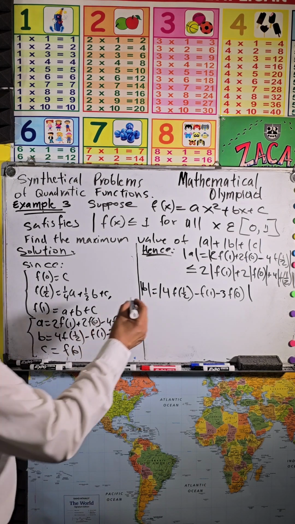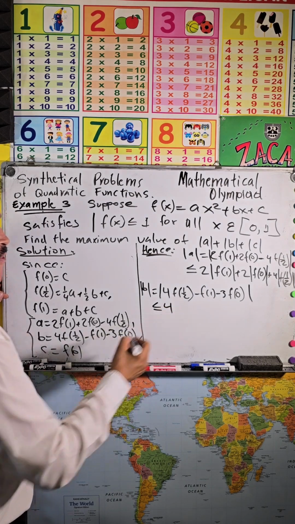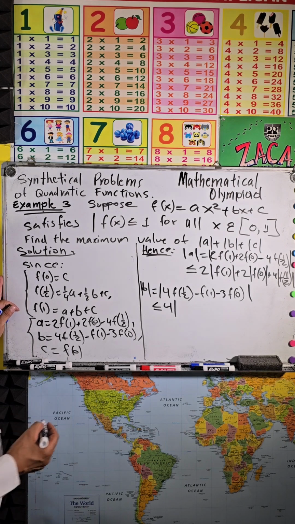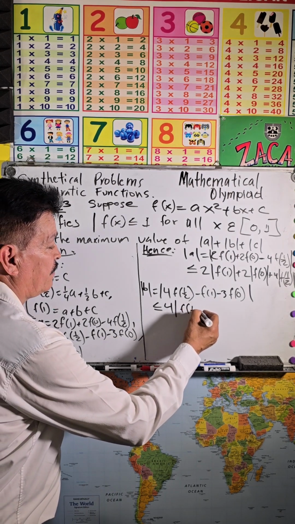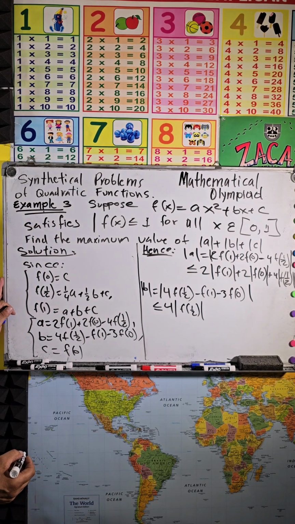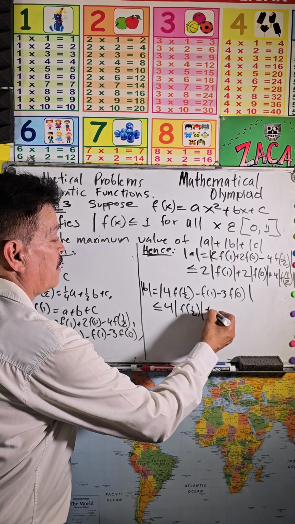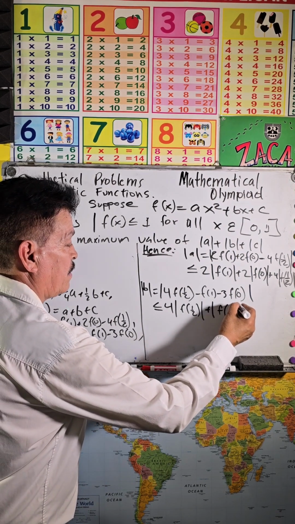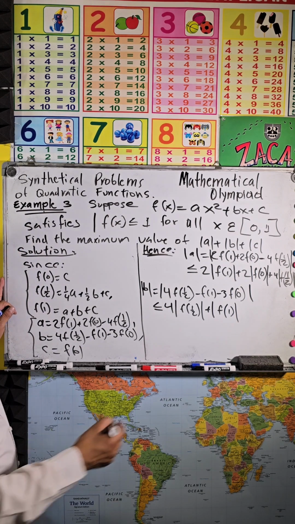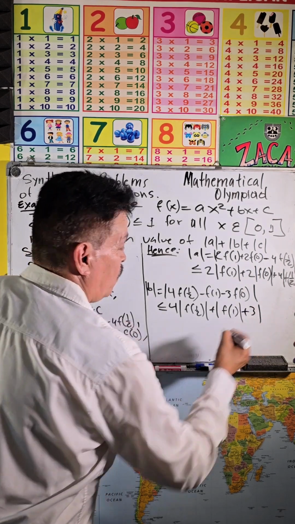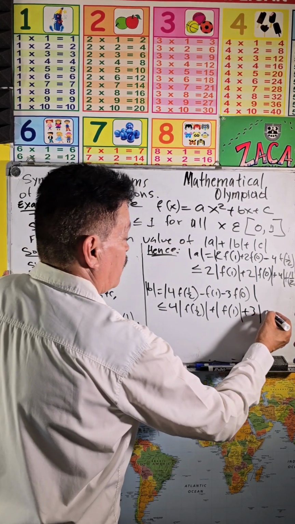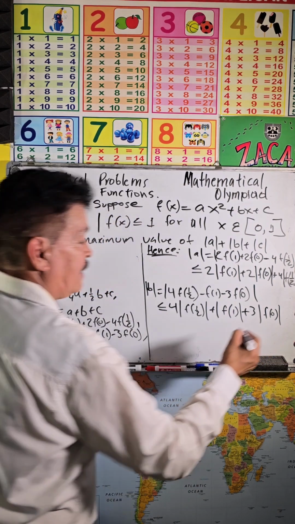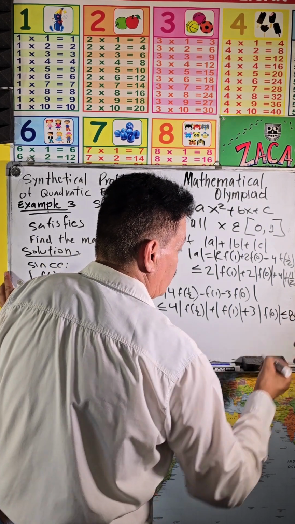If we simplify, we will have less than or equal to 4 times the absolute value of f of 1 half, plus the absolute value of f of 1, plus 3 times the absolute value of f of 0, less than or equal to 8.